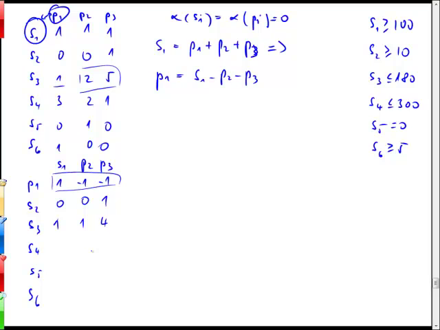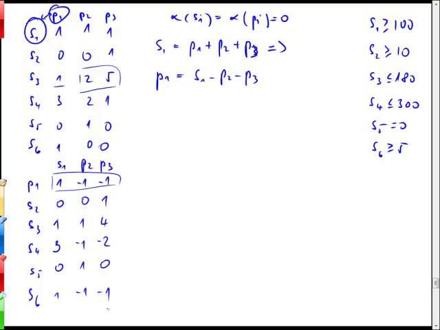For S4, I have to take 3 times the row for P1. So I have 3, 2 minus 3 is minus 1, and 1 minus 3 is minus 2. And the S5 is linear independent, so it does not change. And S6 is P1, so I just take the first row.